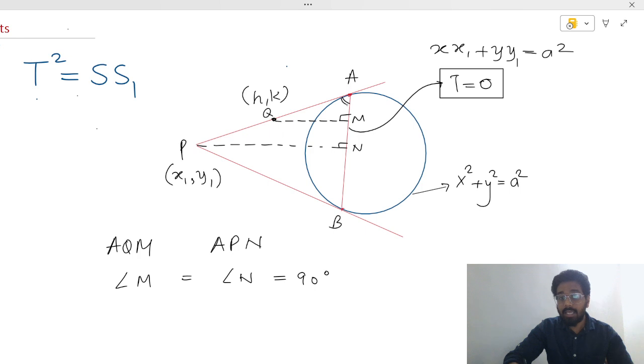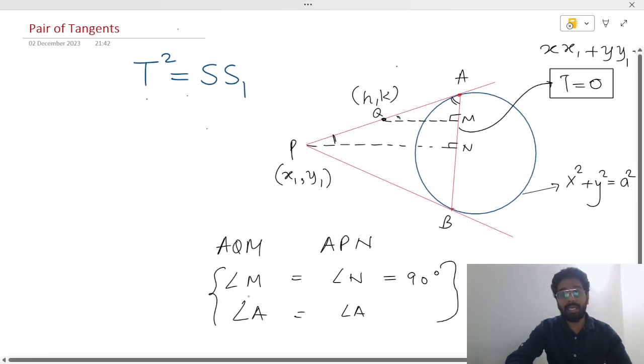Angle A is common to both triangles, so the second angle is also the same. If two corresponding angles are the same, the triangles are similar; this is the angle-angle similarity rule. So if two angles are the same, definitely the third angle is also the same.